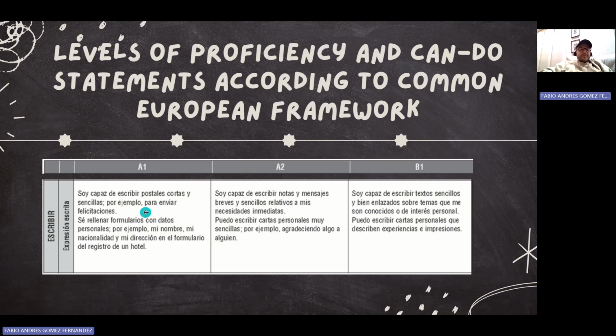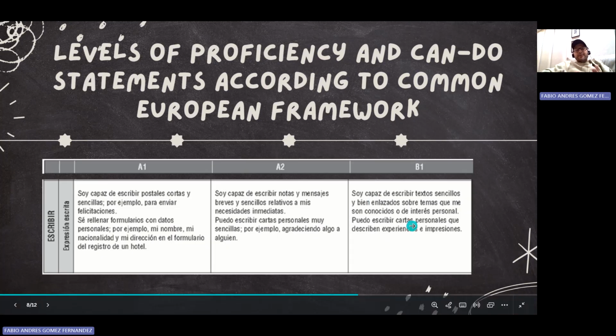And basically, at A1 level, it says that I'm able to write postcards or short postcards, for instance, sending congratulations to someone. In the A2 level, we're able to write notes and messages, very brief and simple, related to our personal needs.